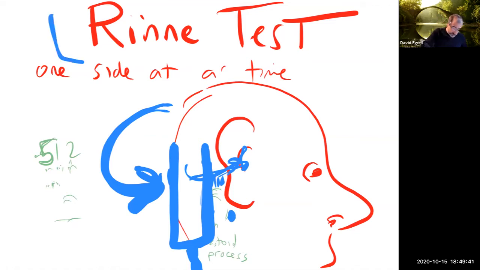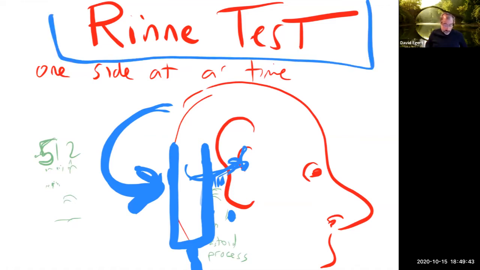So that is the Rinne test. Does that make sense? One of the mnemonics people use to remember which is which is that the Rinne is the one that goes near your pinna, right? The pinna is the name for your flappy doodle on your external ear.